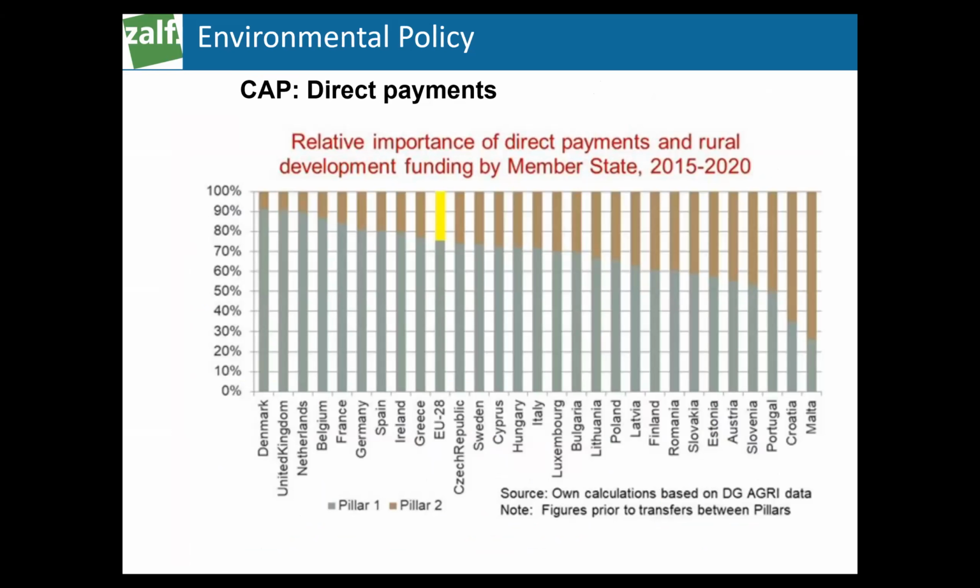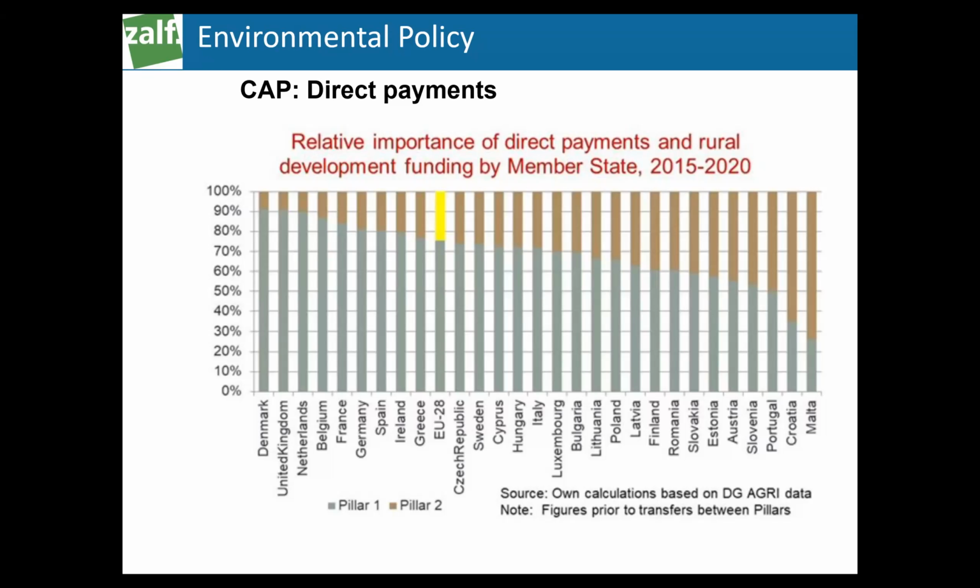If we look now at the direct payments, we have here the relative importance of direct payments across the countries. Malta has the biggest share of direct payments for very much tailored subsidy programs to farmers, and others have very little. In Pillar 2, in Malta and in Denmark, for example, very high direct support measures.